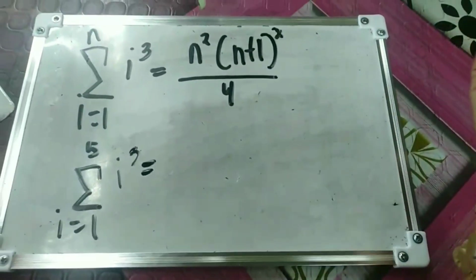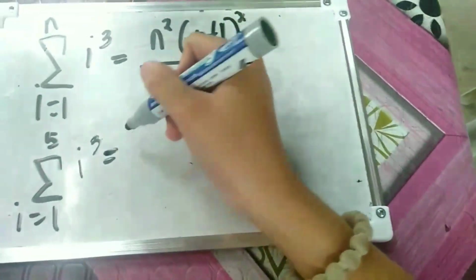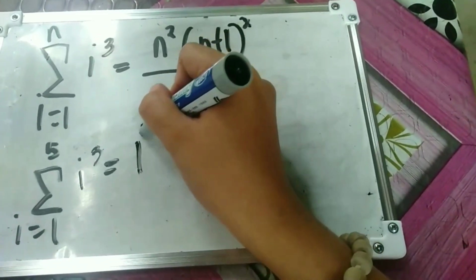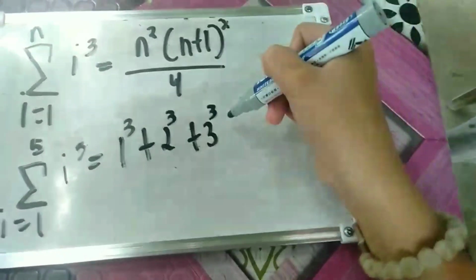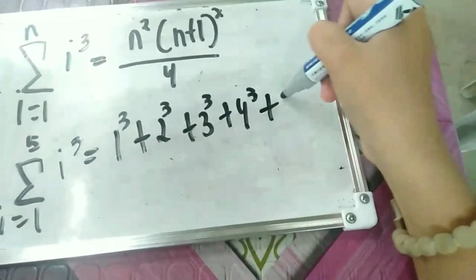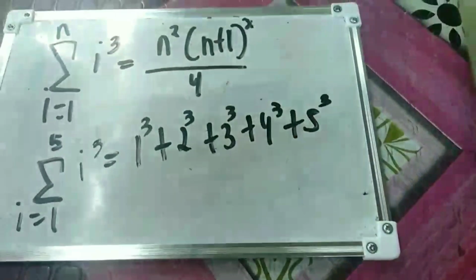So gawin muna natin yung expanding. 1 siya, kaya start tayo sa 1. 1 raised to 3 plus 2 raised to 3 plus 3 raised to 3 plus 4 raised to 3 plus 5 raised to 3. 5 yung ating stopping point kasi 5 yung ating n.